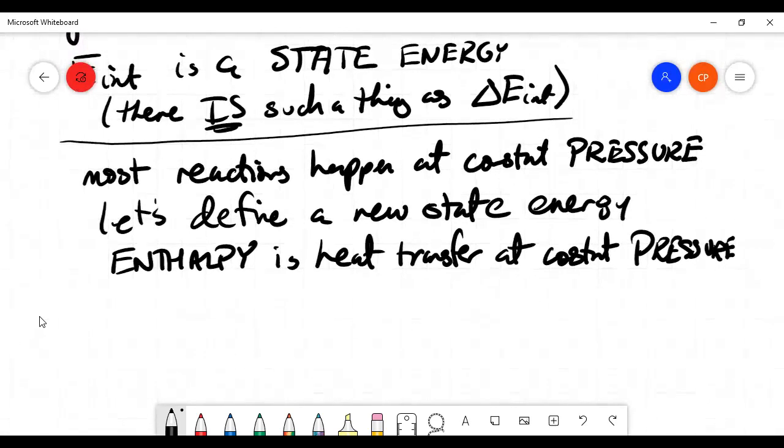I am simply going to say that the definition of enthalpy, which we can't use delta E for enthalpy because I'm already using delta E for energy. But enthalpy uniquely has an H in it. So I'm going to use delta H for enthalpy. I'm going to say that delta H is defined as heat transfer at constant pressure.